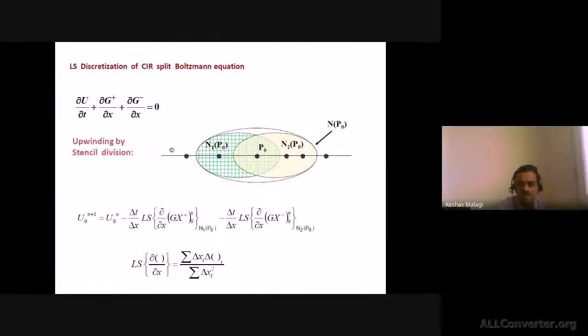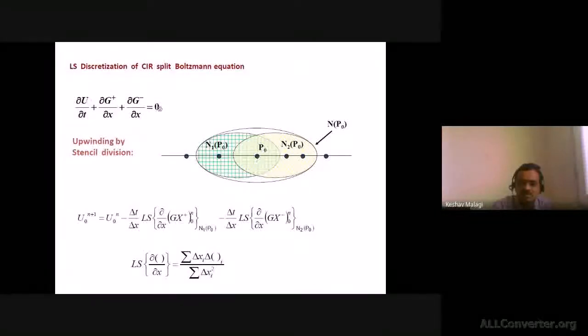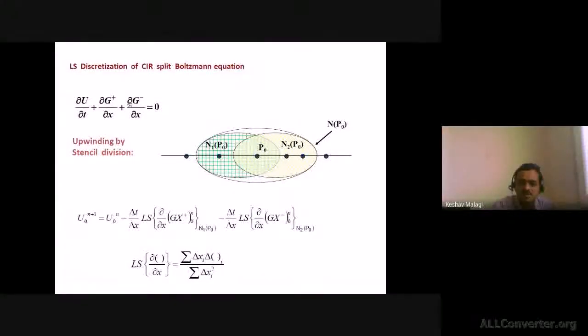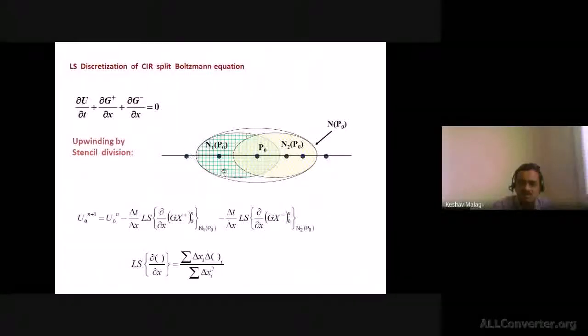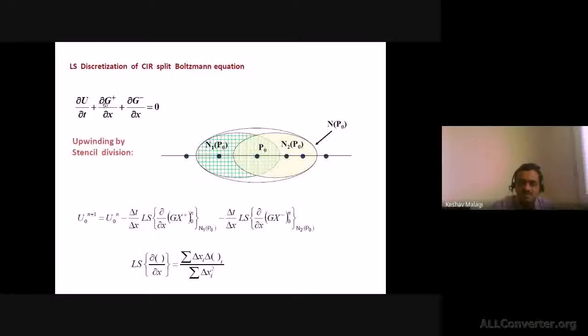Now let us define the point P naught and its neighborhood N P naught at which we want to solve this equation. Now that there is a G plus and a G minus, we define sub-stencils. For G plus, we know that only points to the left should affect. For G minus, only points to the right should affect.